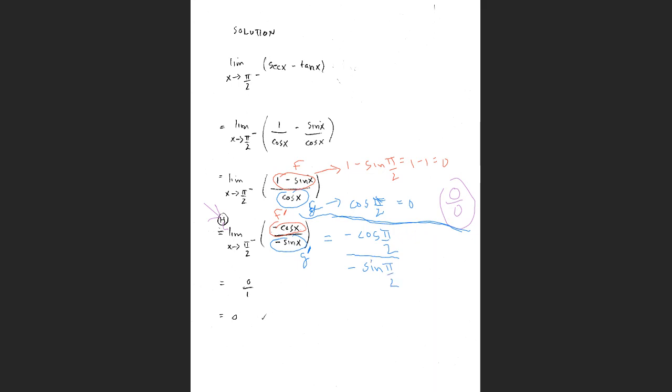The sine of pi over 2 is 1, the cosine of pi over 2 is 0, so our limit is going to equal 0. So what's happening is these two functions are going to infinity at essentially the same rate, and so the infinities cancel. But you have to use L'Hopital's rule.